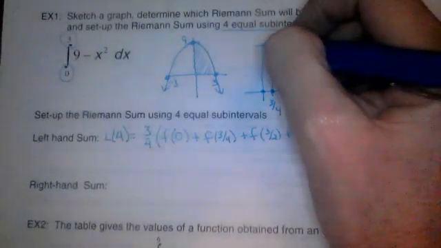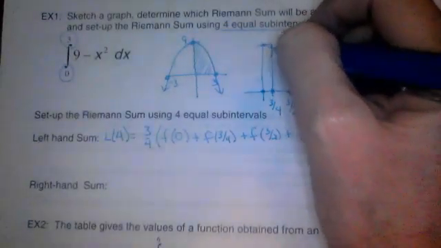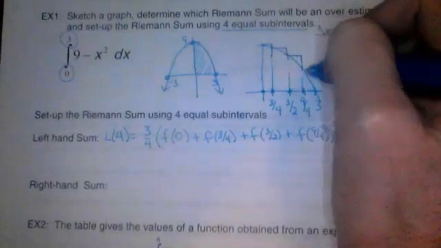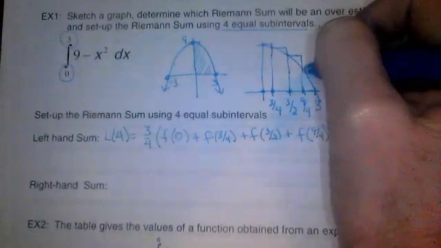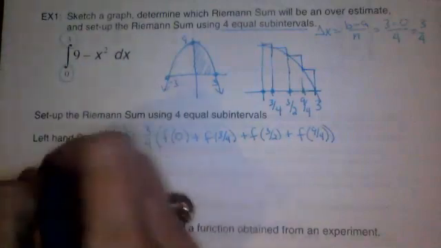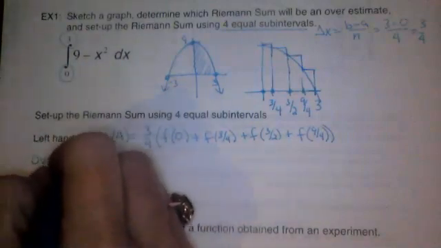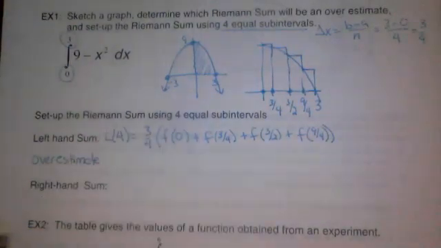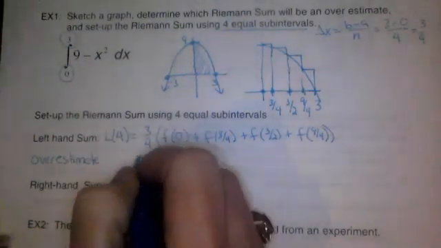We were using the 0, then the 3/4, then the 3/2, and then the 9/4. So again, if you draw it right, obviously this one is an overestimate of the actual area under the curve.